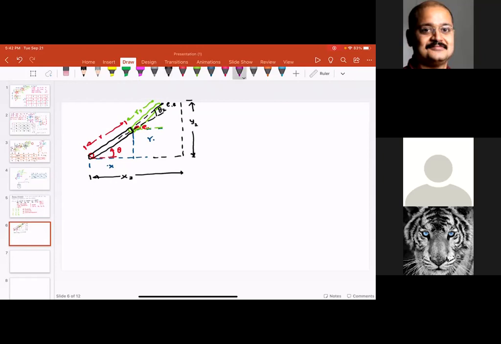And believe it or not, we have actually worked out this problem. We have solved the forward kinematics problem for this guy.